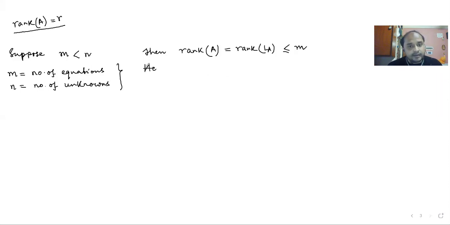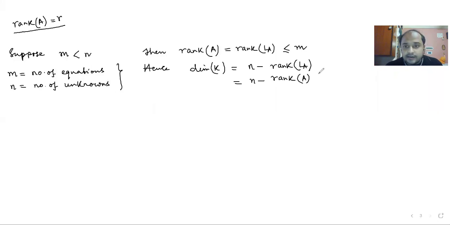Hence, in that case, the dimension of K will be equal to n minus rank of LA, which is equal to n minus rank of A, which is greater than or equal to n minus m.